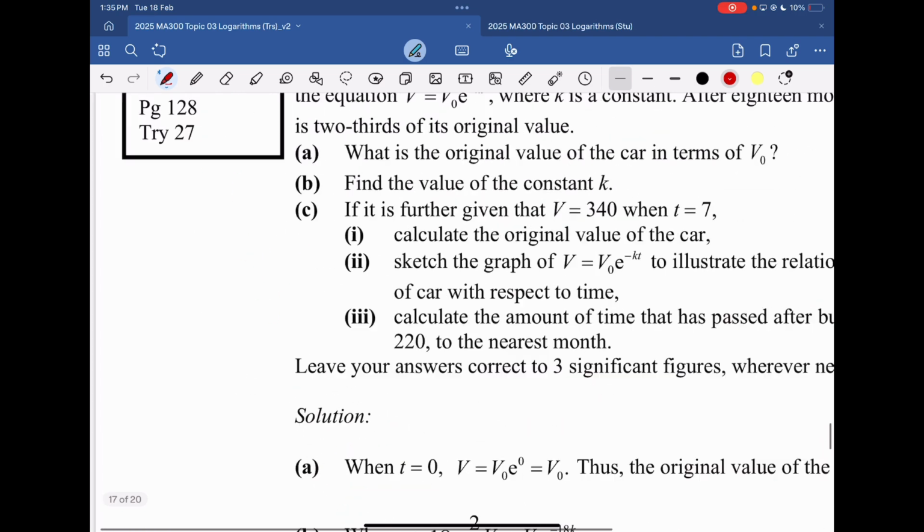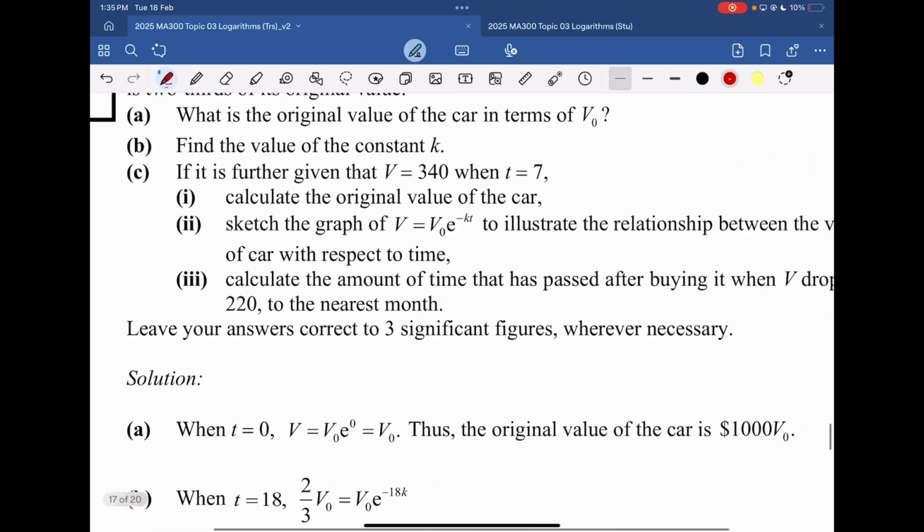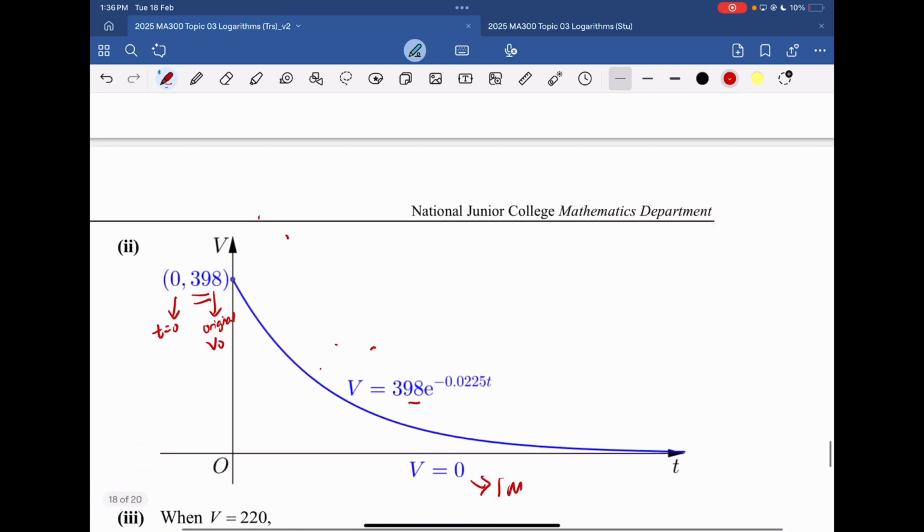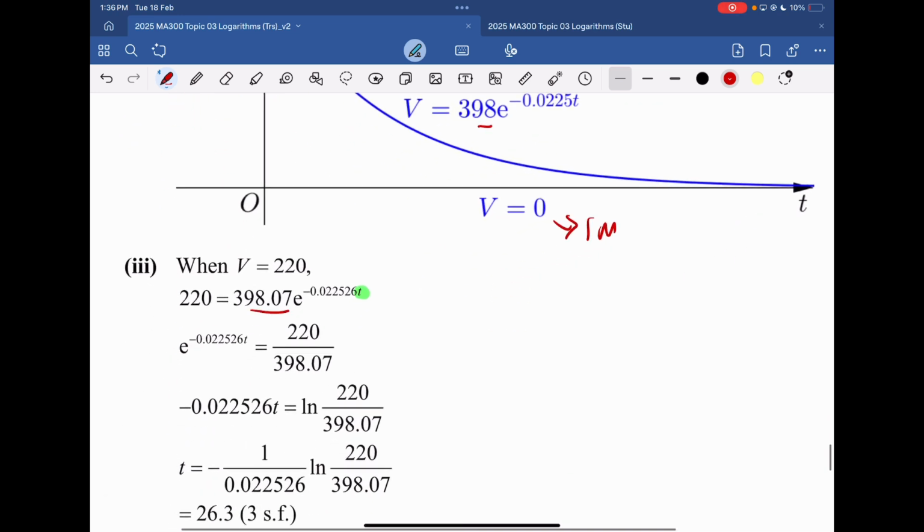Part 3, they ask when will the value drop to 220? Now very simple, you sub V as 220. So you know that this is the graph already, right? Originally we had V0 E to the negative kt.